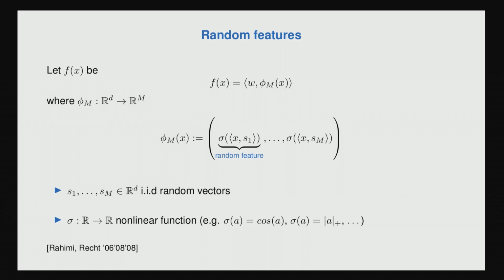So what you can see is that if you pick in particular a Gaussian distribution and the sigma is a cosine function plus 2 times pi of a uniform distribution, you can recover what are called random Fourier features, and this is somehow the intuition that I can give you.